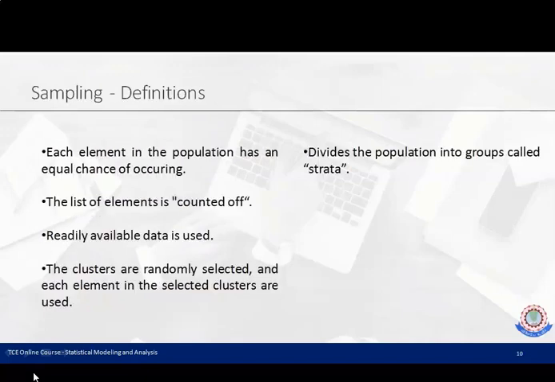In convenience sampling, the readily available data will be used. Unless all the tuples of records get collected, here the data scientist focuses on the utilization of readily available data for analysis. In some cases, this may lead to erroneous results.